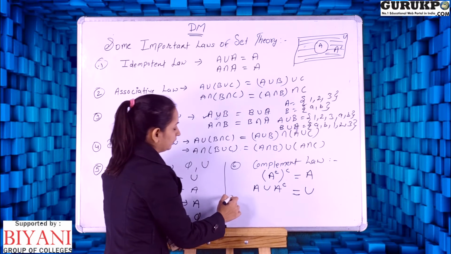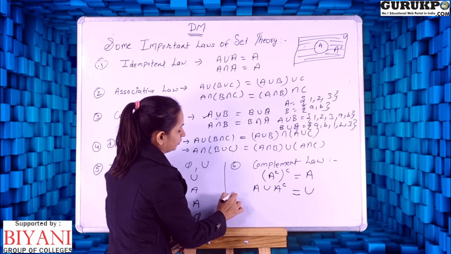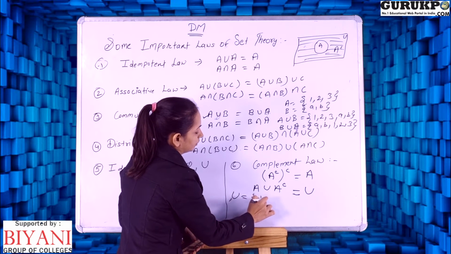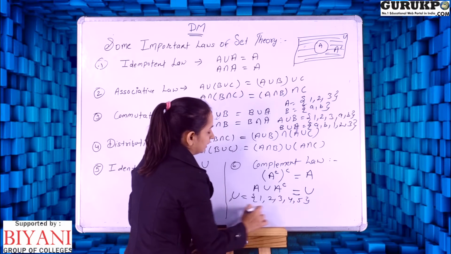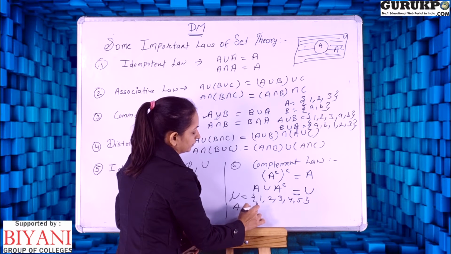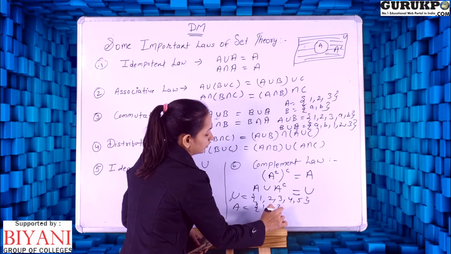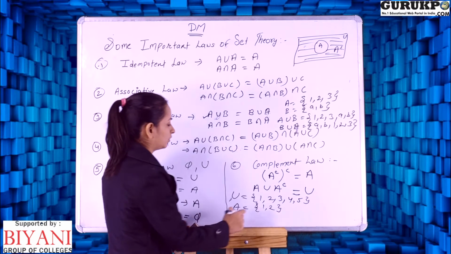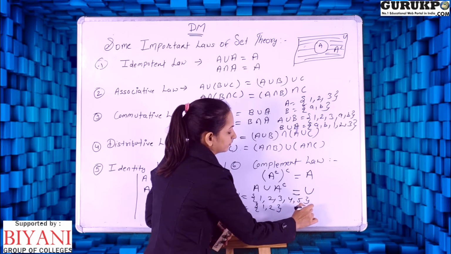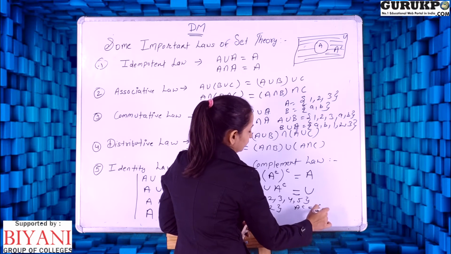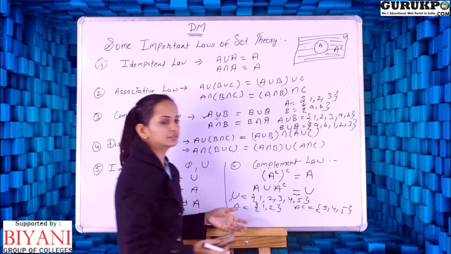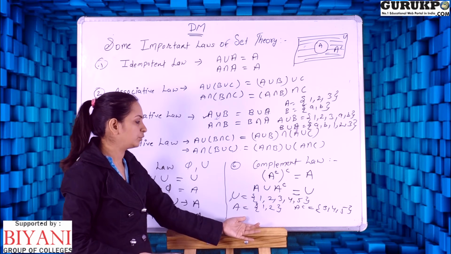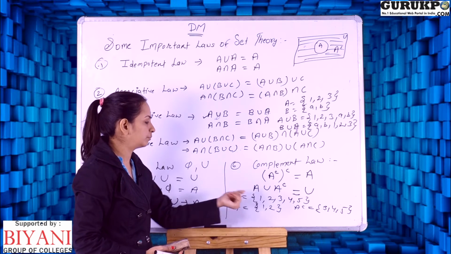For example, if I take a universal set U that will be equal to 1, 2, 3, 4 and 5, and I have a set A that is 1, 2, then what will be the complement of set A? It will be equal to 3, 4 and 5. We have already discussed the definitions of complement, union and intersection, so I am not going to repeat this.